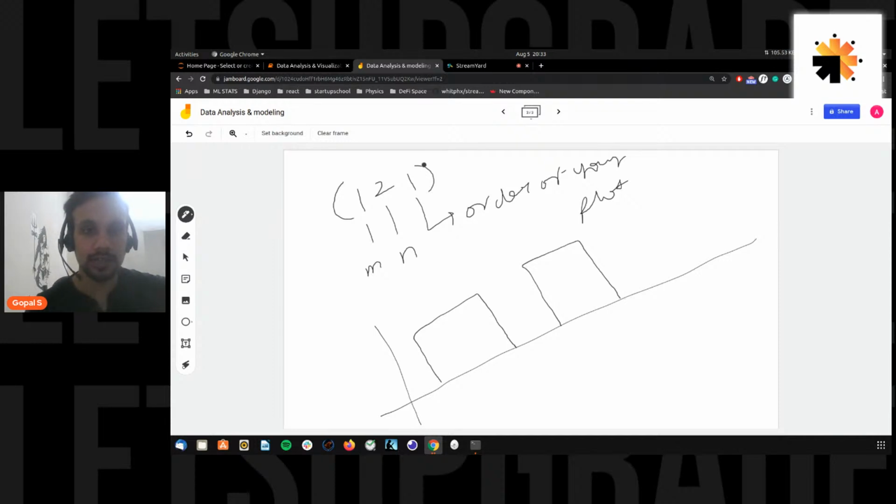The moment I say plt.subplot 1, the value should get rendered in this plot, because this is my number 1 plot. And the moment I change this value to 2, it will shift to the second plot, and the second plot will get the values rendered. So this is what plt.subplot is about.